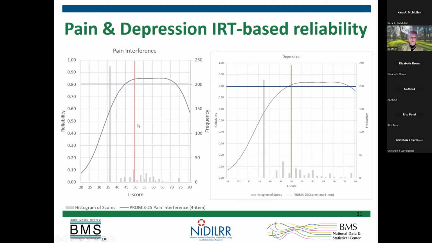So what you're looking at here is a function of reliability. It tells us how little noise there is in the score. We care about noise in the score because if the score is not reliable, or in other words, it has a lot of noise in it, it is difficult to find a smaller treatment effect.